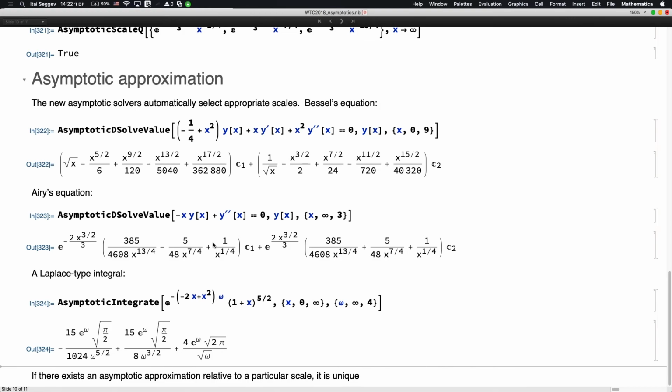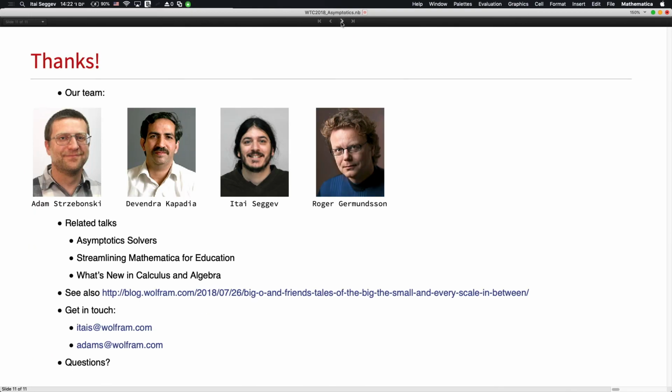And where did these come from? Just very briefly, we have these new asymptotic solvers: DSolveValue, AsymptoticIntegrate, and AsymptoticSolve is coming soon. What they do is choose an appropriate asymptotic scale, and then expand in that scale.